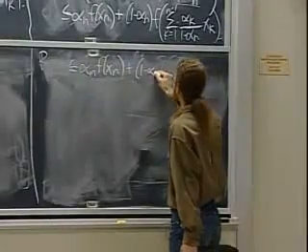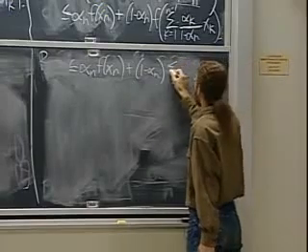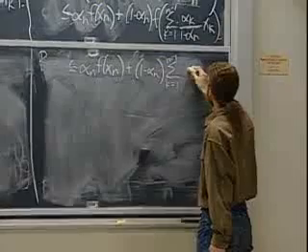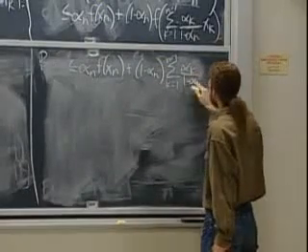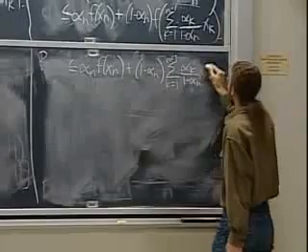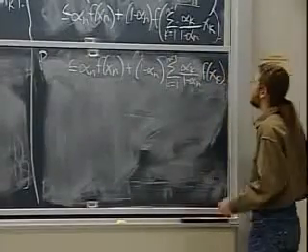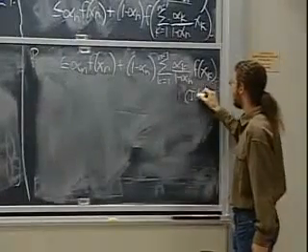So this is 1 minus alpha n times the sum, k equals 1 to n minus 1, of alpha k over 1 minus alpha n times f of xk. If I got that right. This is by the induction hypothesis.